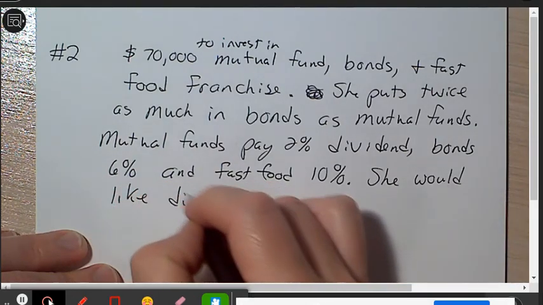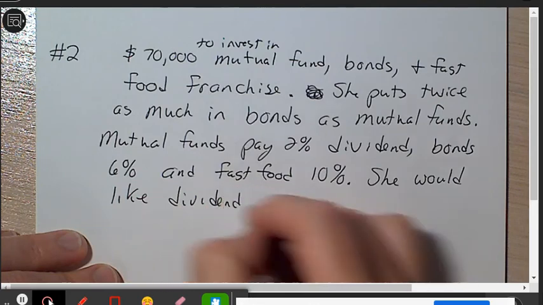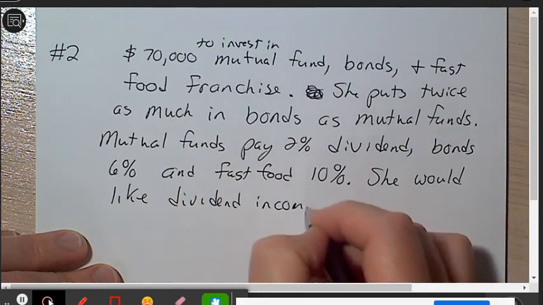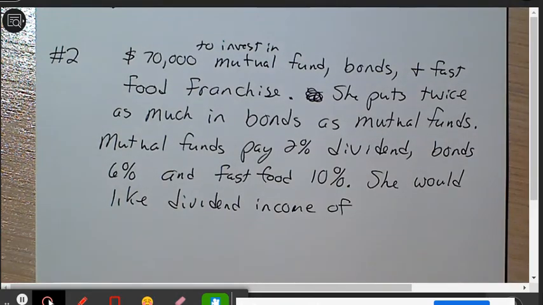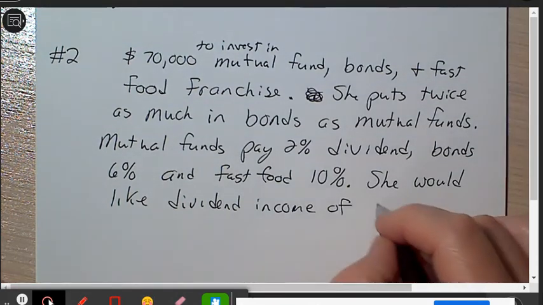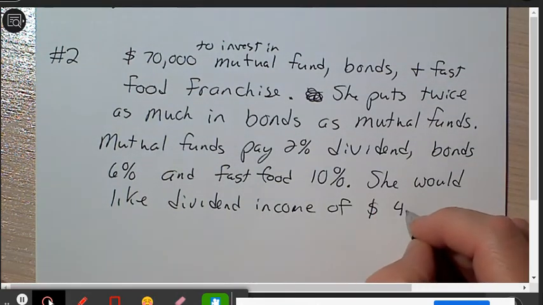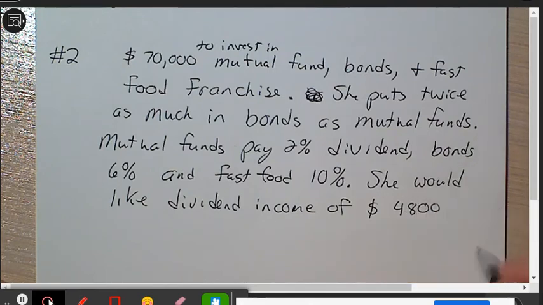She would like dividend income of $4,800. And then the question would be, how much does she put into each one?